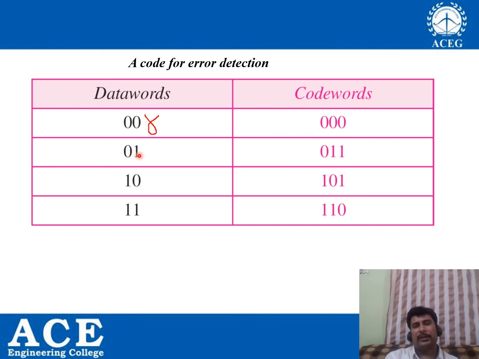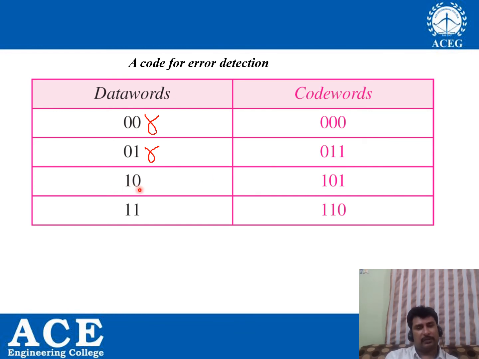The next case is where my data word is 0 1. Here the total number of ones is 1, but I want an even number of ones in my code word. So what should be the value of r? If I put r equal to 0, the total number of ones in the code word becomes odd. So to make it even, I have to set the redundant bit as 1.